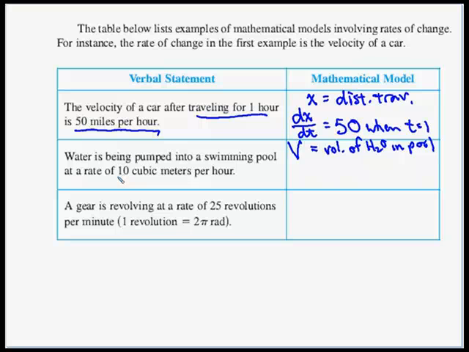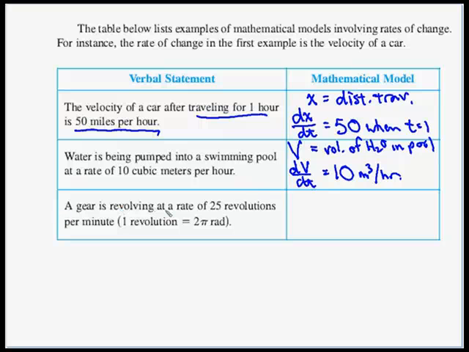Well, 10 cubic meters per hour. We're changing the volume of water in the pool. dV dt is 10 meters cubed per hour. And on this one, they don't give us a snapshot in time. This is a constant flow, 10 cubic meters per hour.